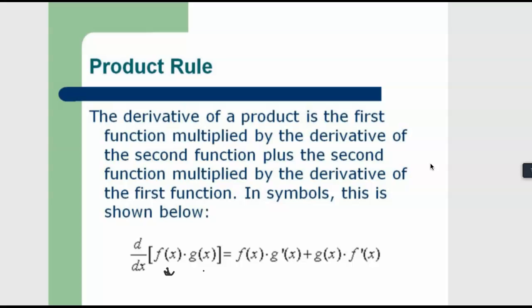F is the first function we're multiplying. G is the second function we're multiplying. So it's first times derivative of the second plus second times derivative of the first. Always and forever.